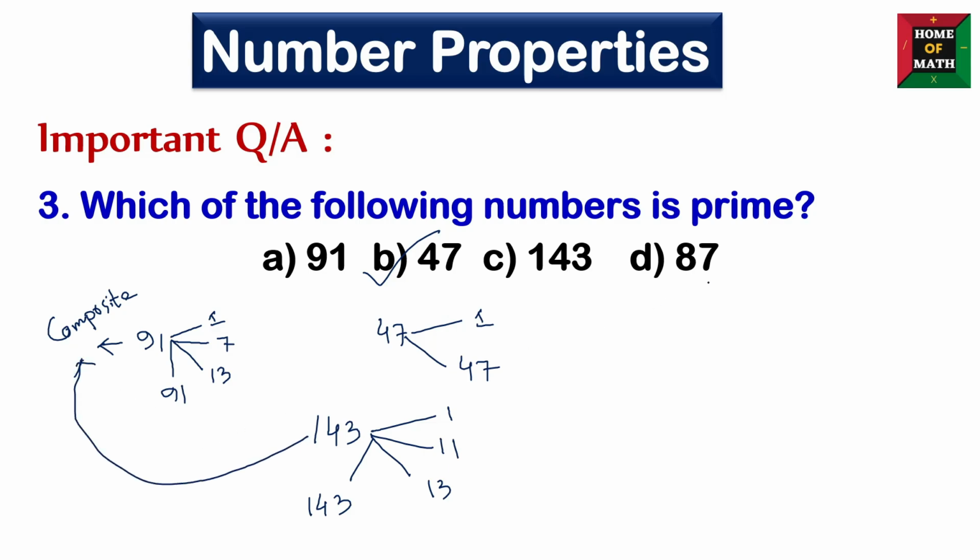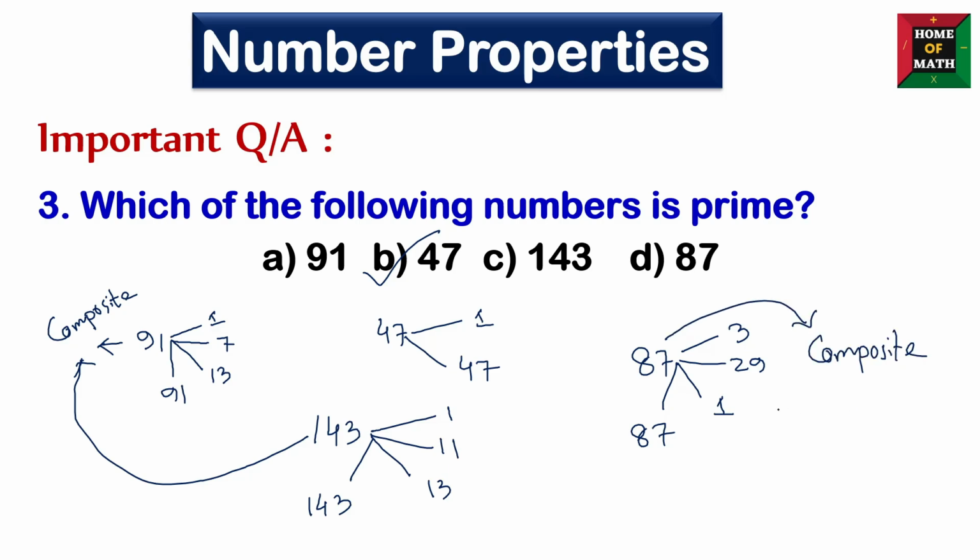And finally, what about 87? 87 we can divide by 3, we can divide by 29, because 87 divided by 3 is 29, and also by 1 and 87. So 87 is a composite number. So our right answer is 47.